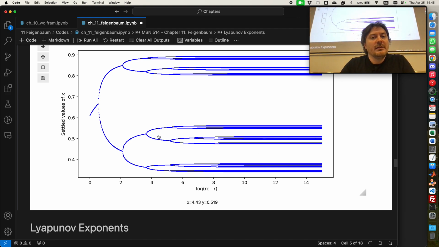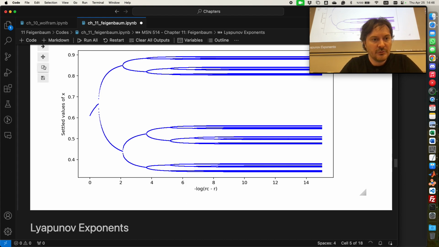So the fact that these distances now seem to be equal is just telling us that our approach is geometric. Okay? As you go closer and closer, you have to travel the same amount of distance in the exponential to get to the next bifurcation.